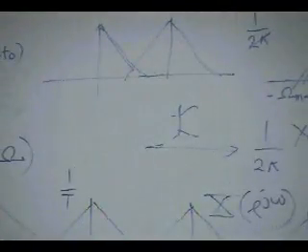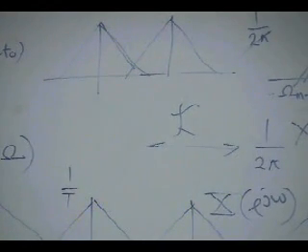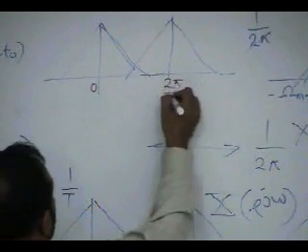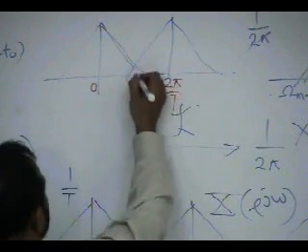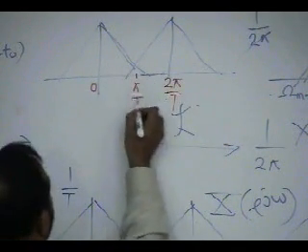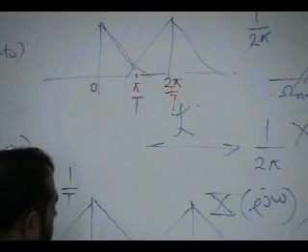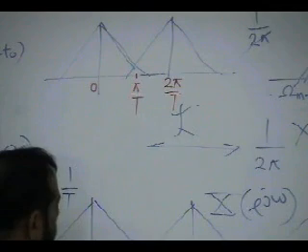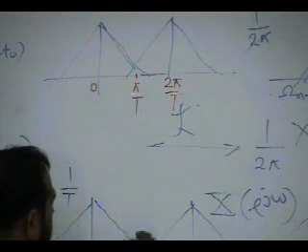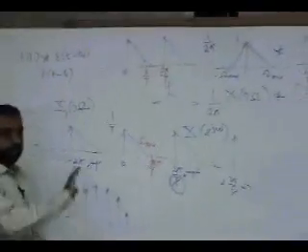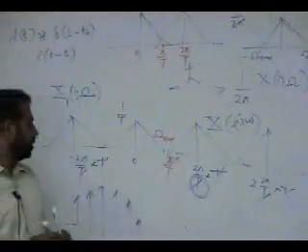This is overlapping. Your sampling frequency 2π over T, and the half is π by T, must be away. So this is π by T and this is ω max. So π by T must be greater than ω max.